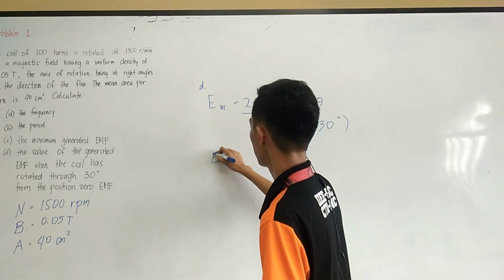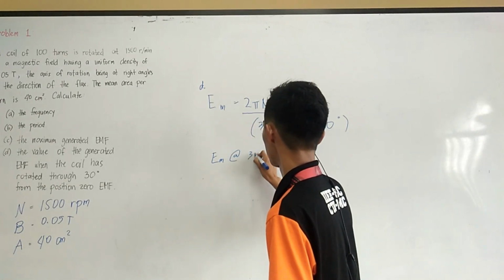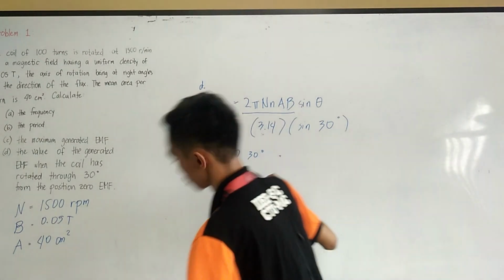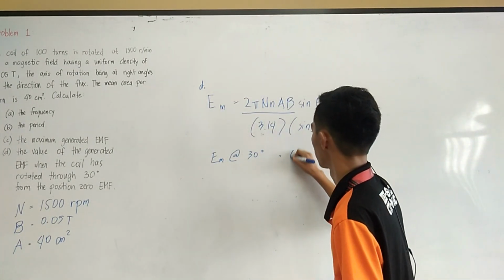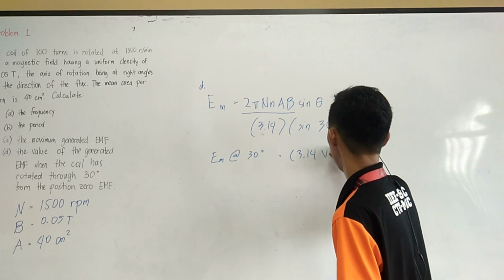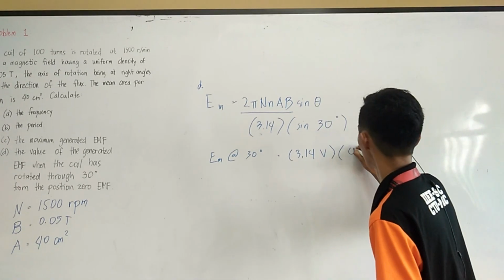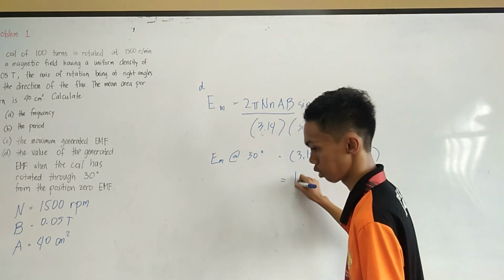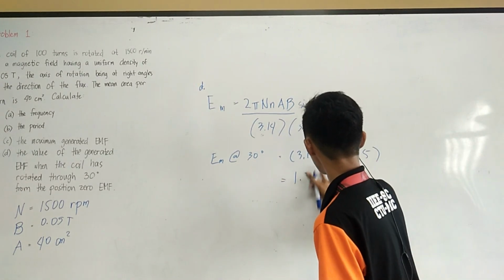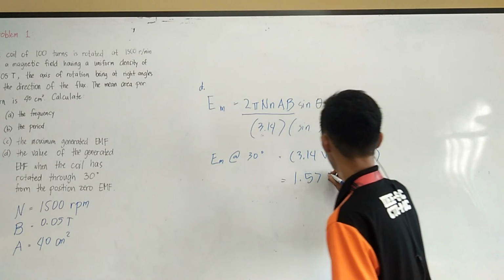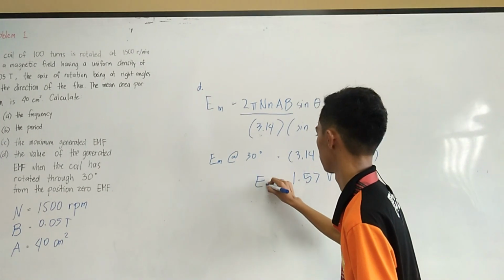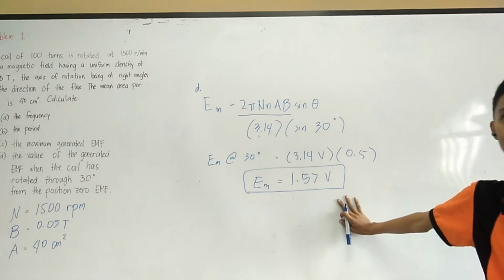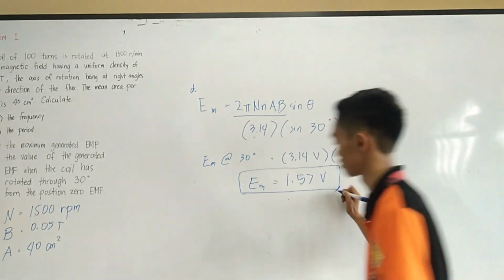So E at 30 degrees will be equal to 3.14 volts times 0.5, that is equal to 1.57 volts. This is the answer for letter B. That's it.